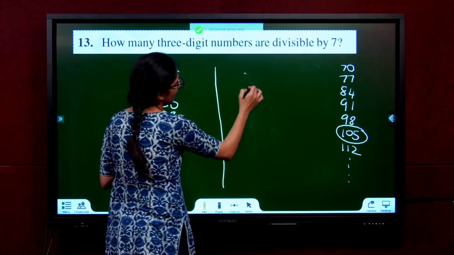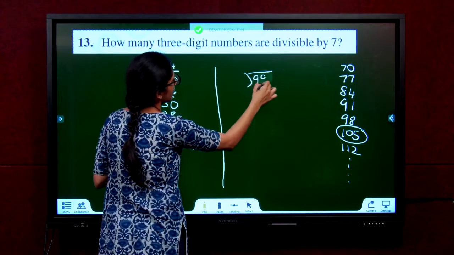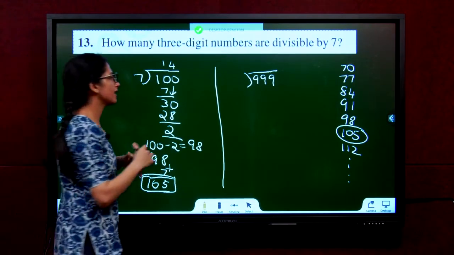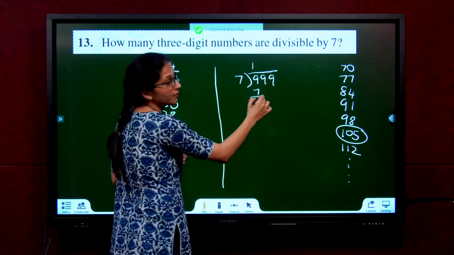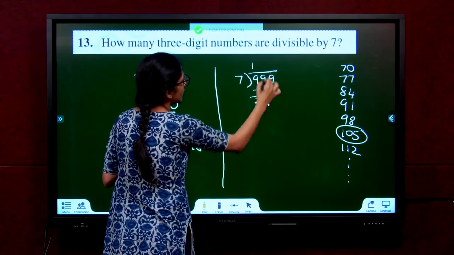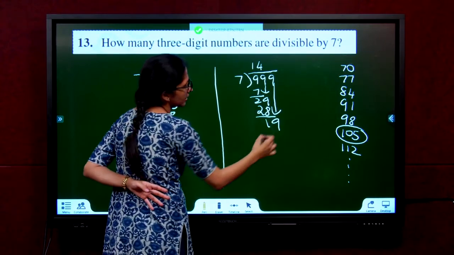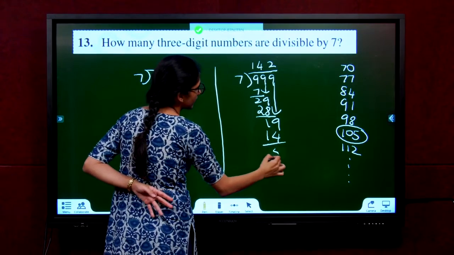Now, let us say the maximum 3-digit number is 999. Now if I have 999 and I divide it by 7, 7 ones are 7, remainder 2; 7 fours are 28, remainder 1; this 9 comes here, 7 twos are 14, remainder 5.